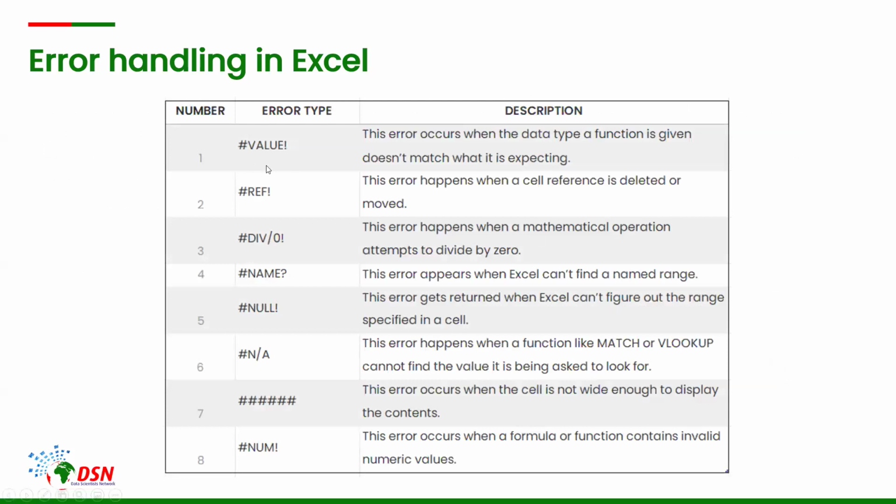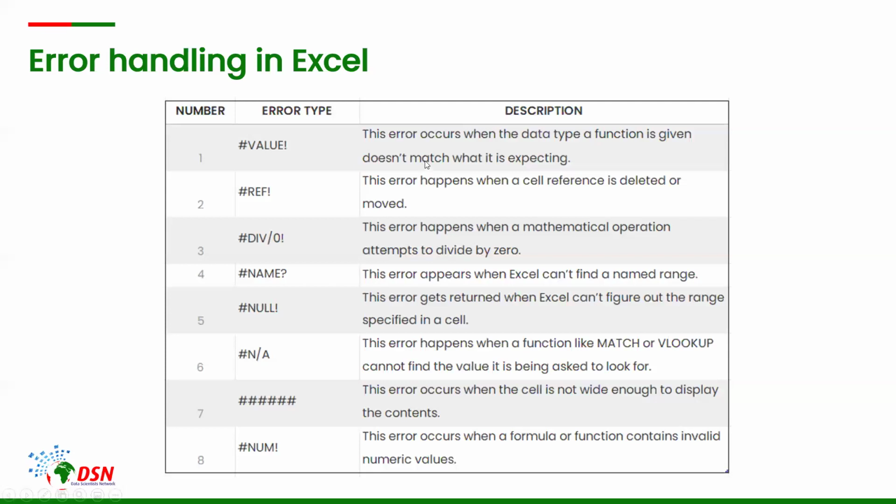So we have the first one, the value error. This error occurs when the data type a function is given doesn't match what is expected, like if you are doing a number and a letter.